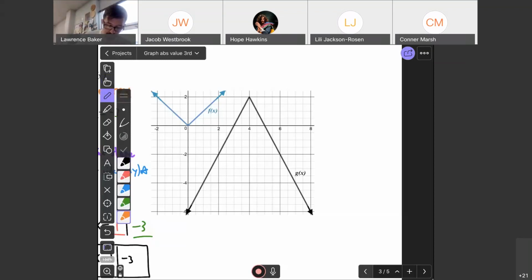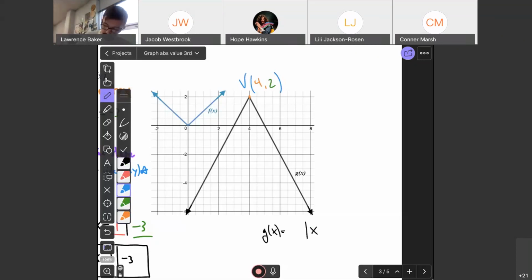I could see that it shifted over 4 to the right, so I was like +4. And then I looked for how much it shifted up or down, and it shifted up 2 units. Okay, so you found your vertex.